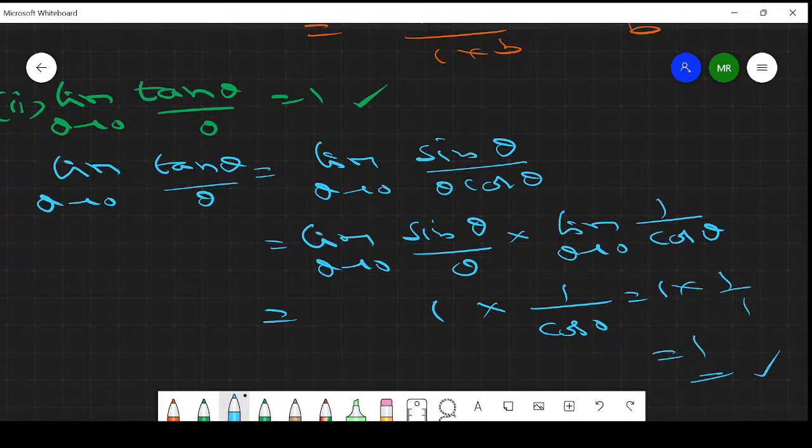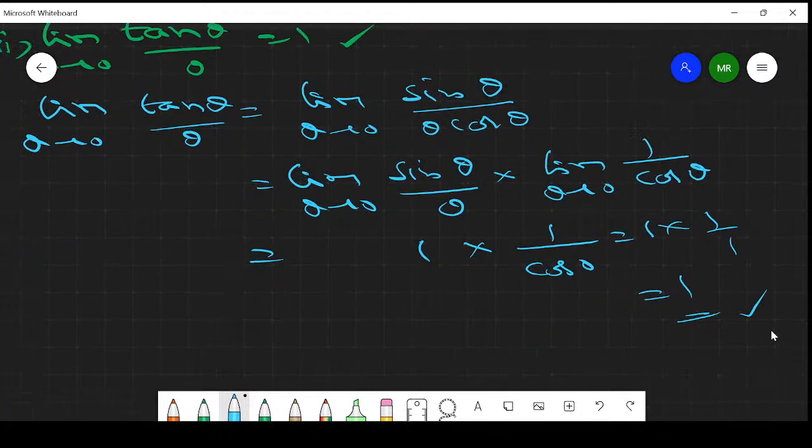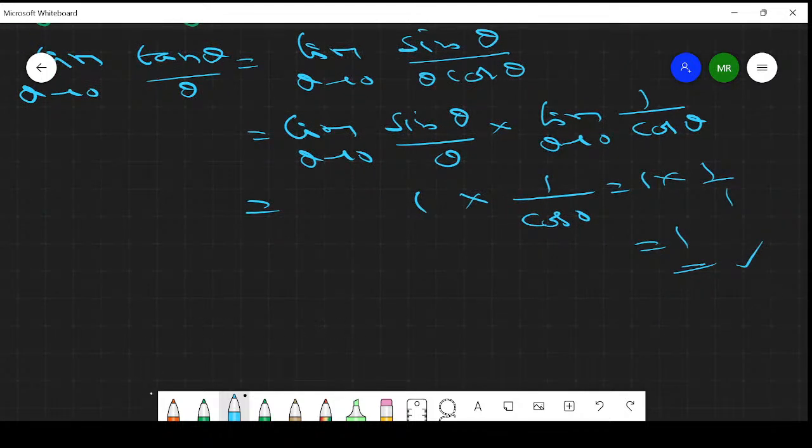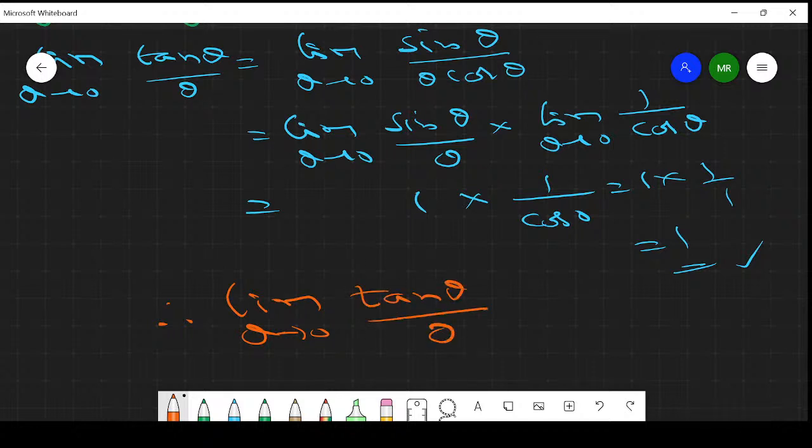Therefore, limit theta tends to 0, tan theta by theta is equal to 1. We can conclude that.